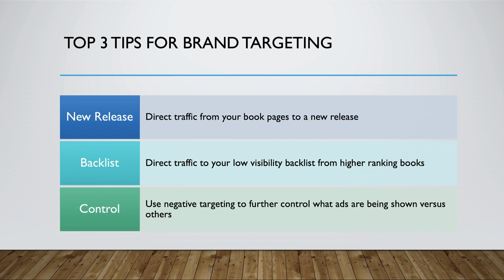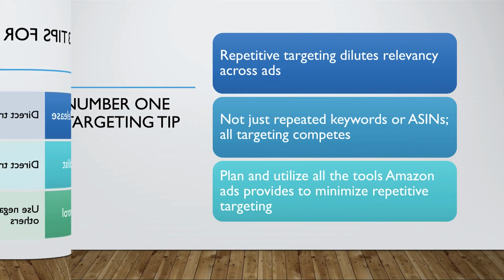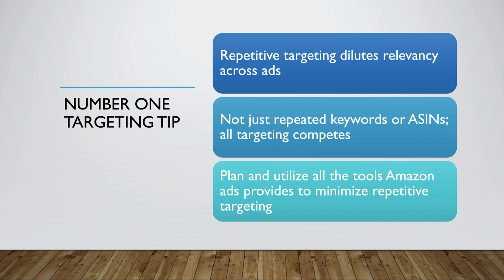So if you negative target your own book or series on that book and series, you can make sure that it'll be your other books and series that appear on that product page or with those searches, which helps you control what's actually being seen and direct traffic better. This is my number 1 targeting tip. This is a game changer.